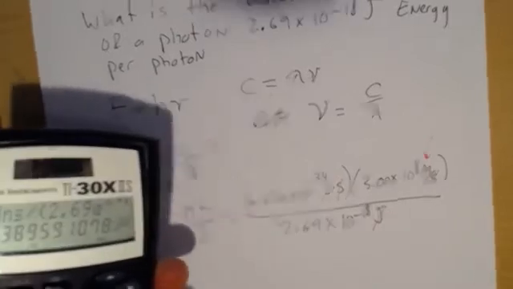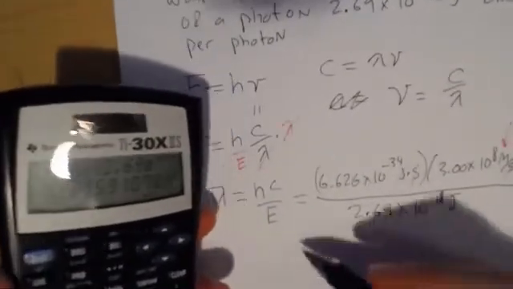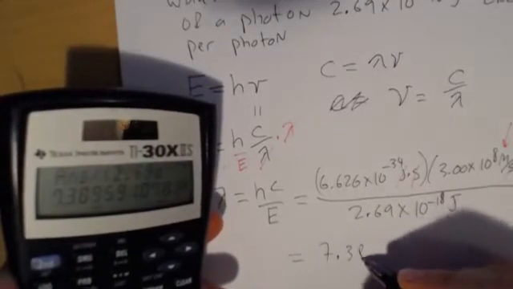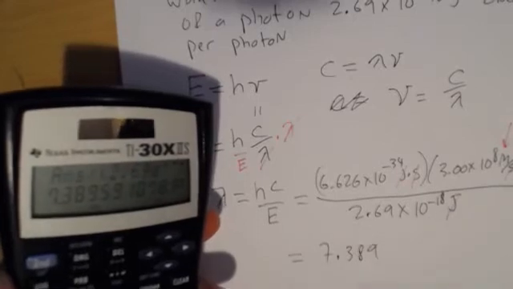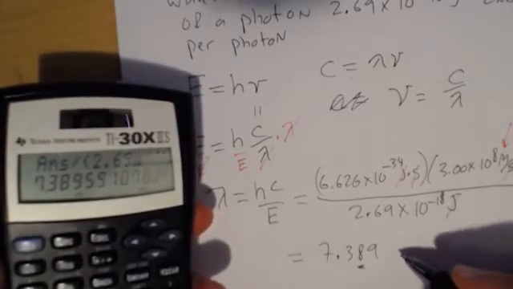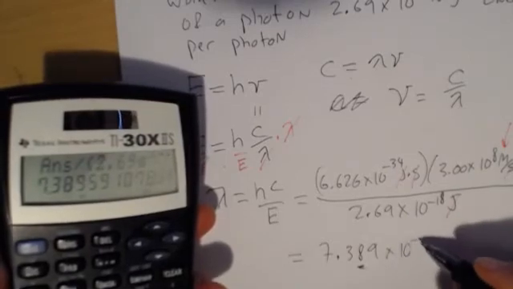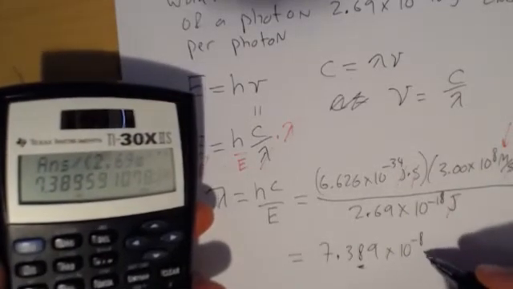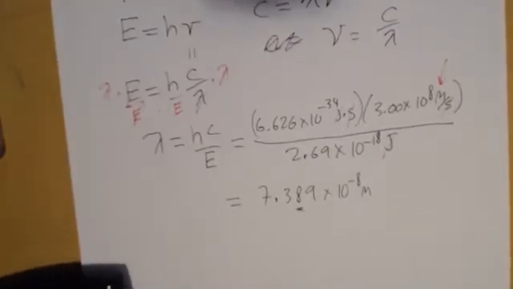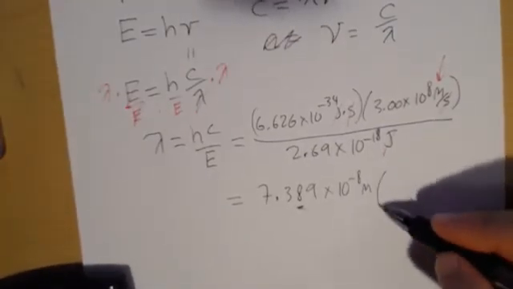So that's the wavelength. So that is 7.389. Actually, we should have 3 sig figs, right? And then times 10 to the minus 8 meters, right? And then what we could do is actually we could go back to nanometers, right?